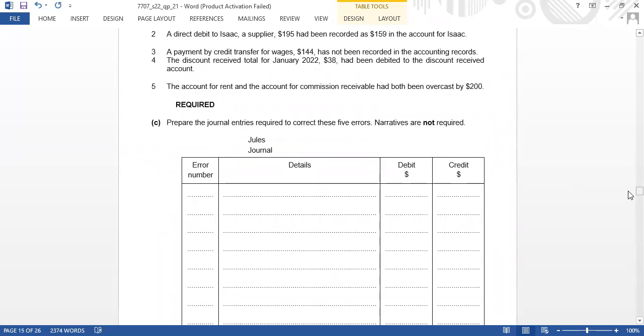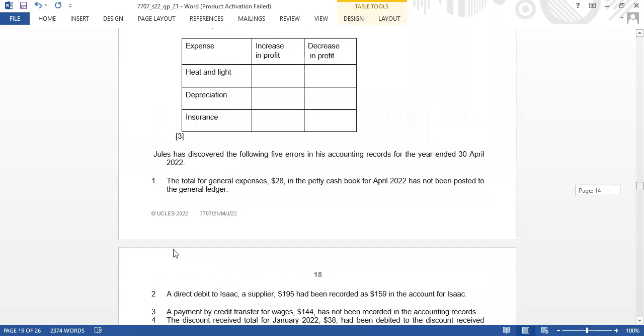Prepare the general entries required to correct these 5 errors. Narrative is not required. Okay, first one is the total for general expenses 28 in the petty cash book for April 2022 has not been posted in the general ledger. That means it is the error of omission.